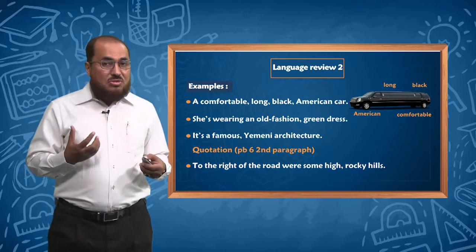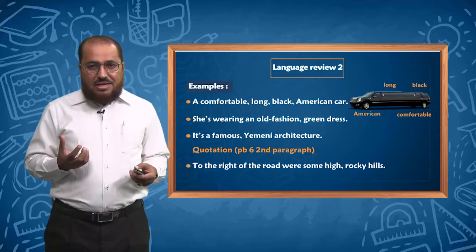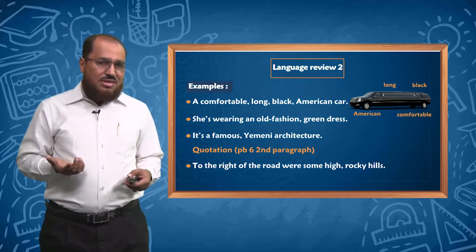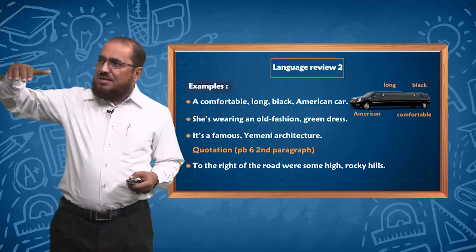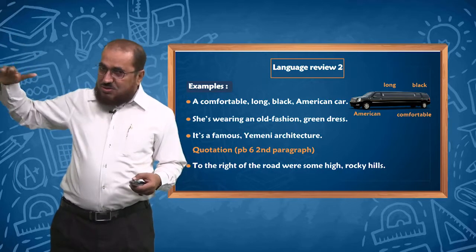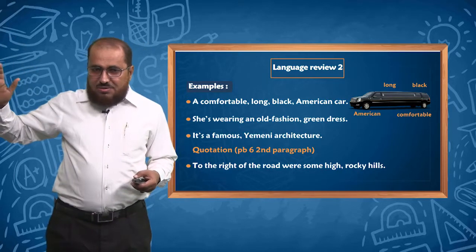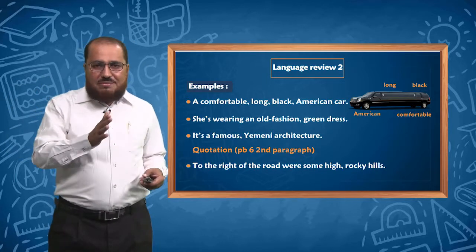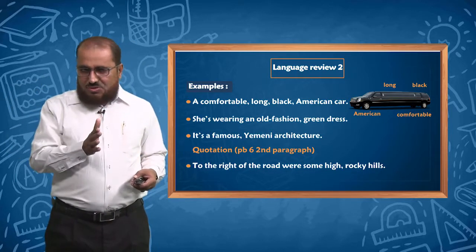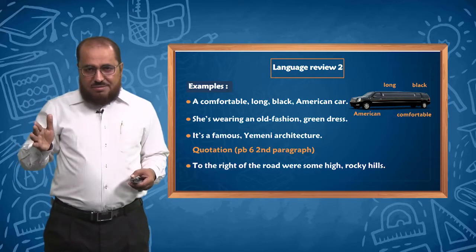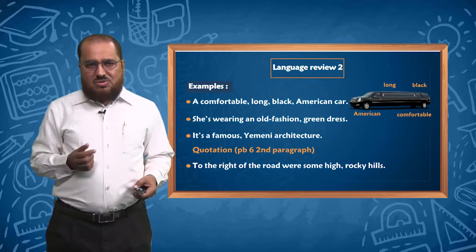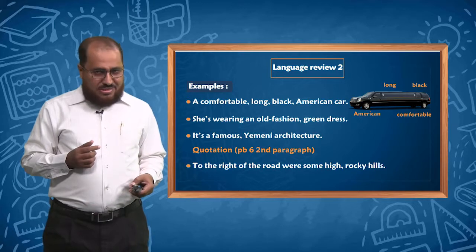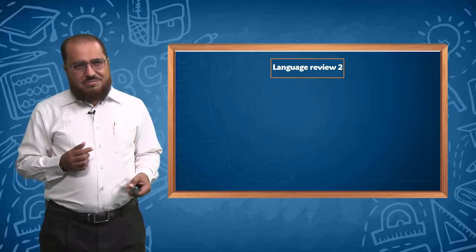To make his description strong and to activate your imagination, to imagine the hills are rocky, not sandy. So he ordered them correctly: high, because here is the size, then rocky, material, then the noun described, hills. Clear? Let's go on.